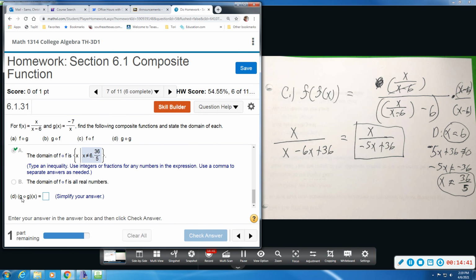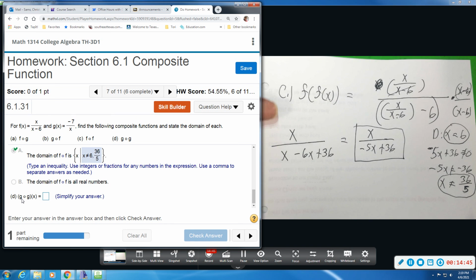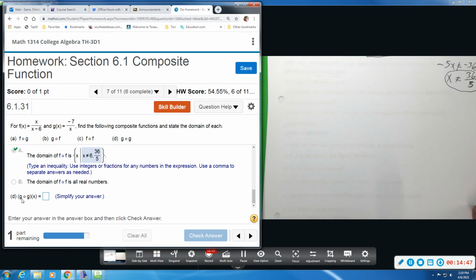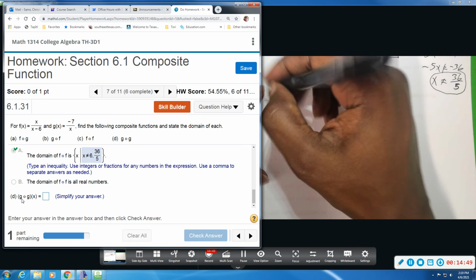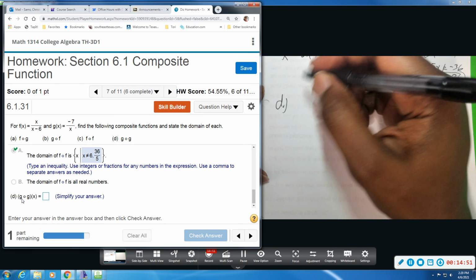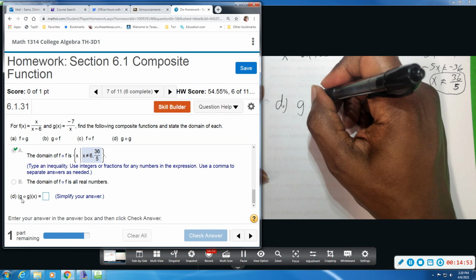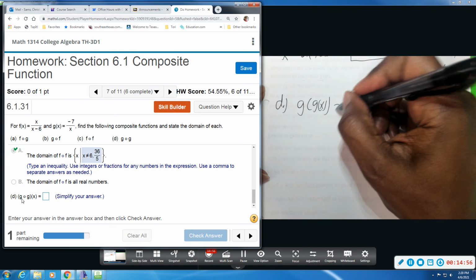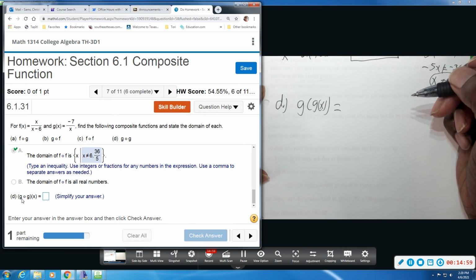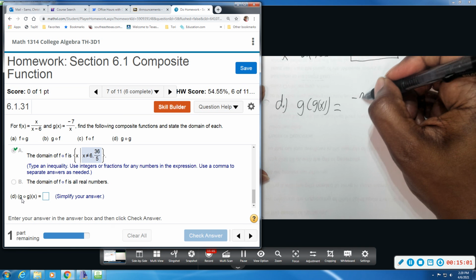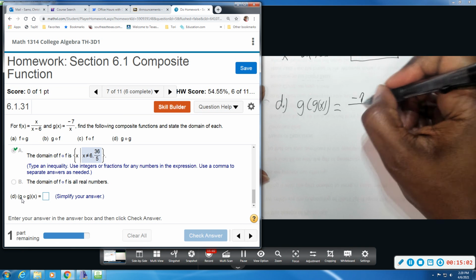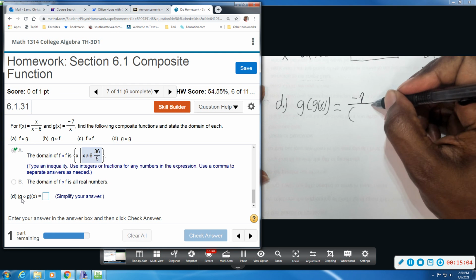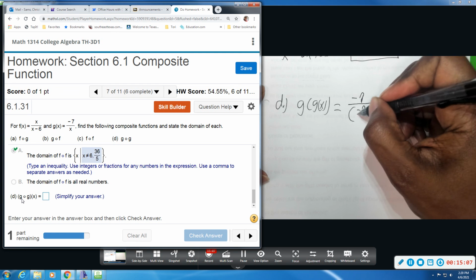Okay. And then G, we're going to be doing a G composed with itself. So we have G of x. Okay, so the G expression is -7 over x, which we're going to be replacing x with -7 over x.